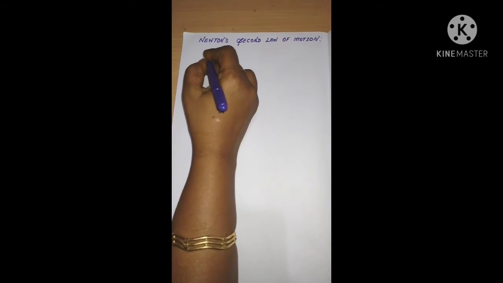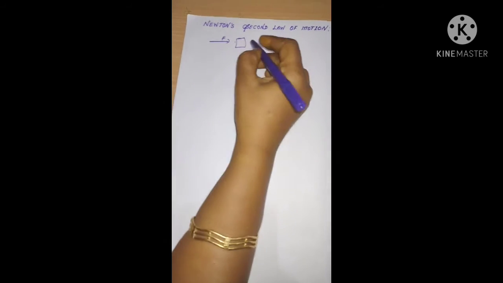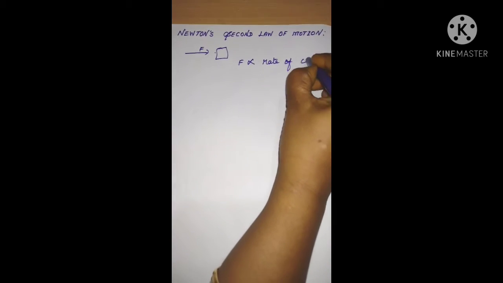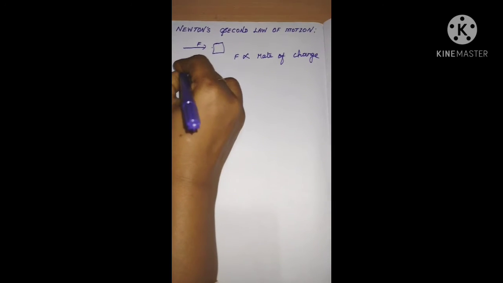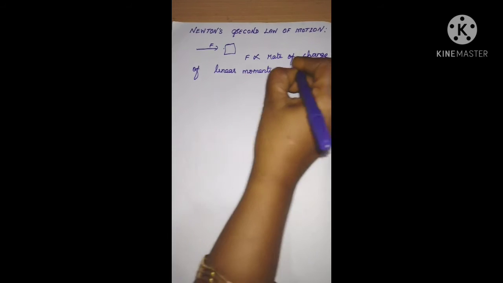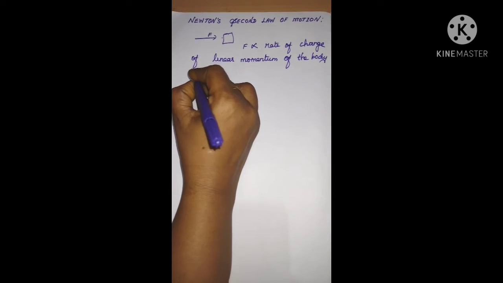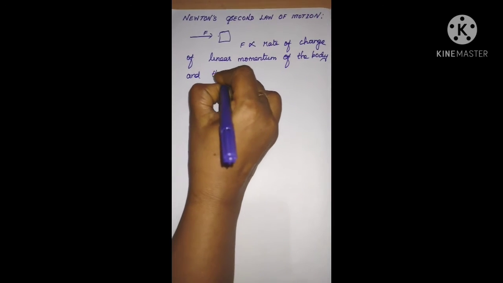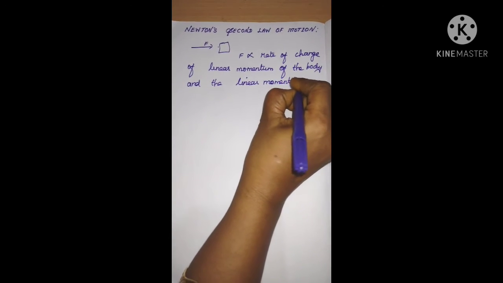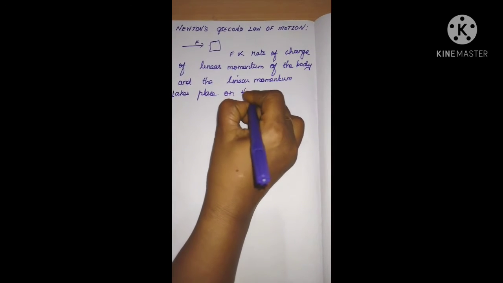Newton's second law means the force acting on a body is directly proportional to the rate of change of linear momentum of the body, and the change in linear momentum takes place in the direction of the force.